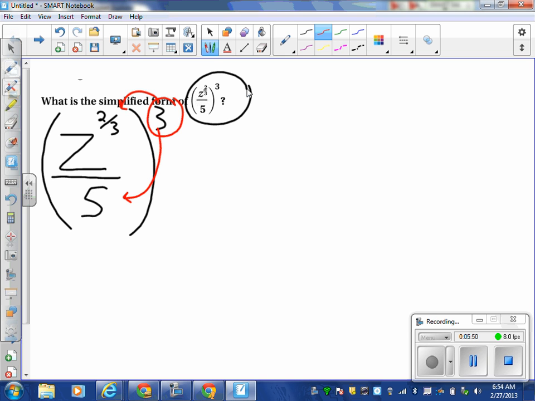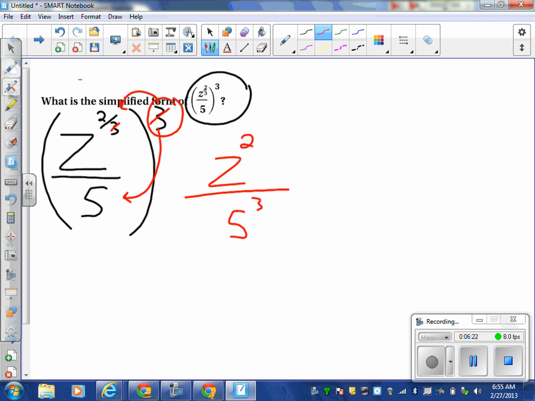What I need to do is, like we usually do, multiply the exponents outside the parentheses. I'm going to take 3 times 2/3. A quick way of looking at that is that 3 cancels out that 3, so I am left with z to the second power. This 3 down here would be 5 to the third power.